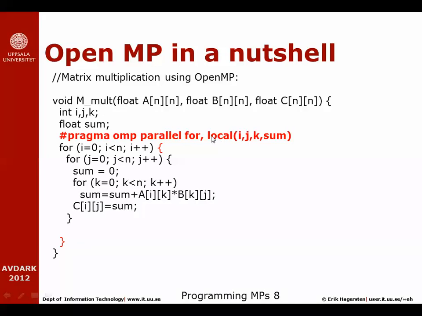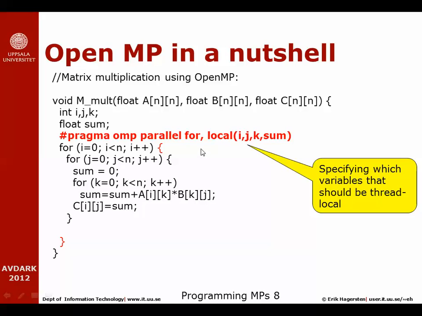But now with this simple statement over here, the compiler understands that each of these parallel threads should have its own local version of sum. Also, as in the previous example, we have an implicit barrier inserted at the end here to make sure that all those threads that have been created will have terminated before execution goes on. So it's a simple way of handling this.